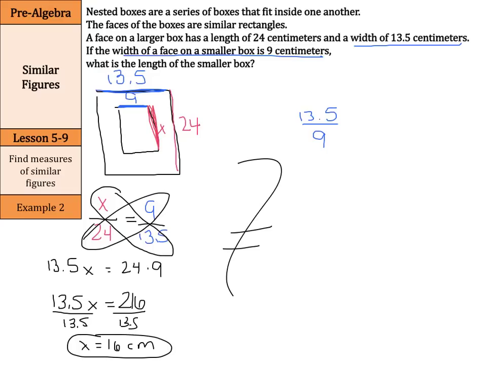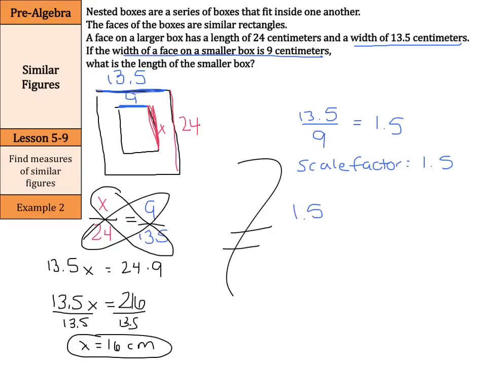So if we simplify this, 13.5 divided by 9, we get 1.5. This means we have a scale factor of 1.5.